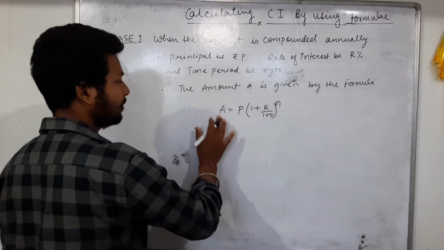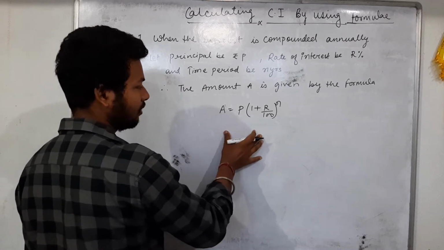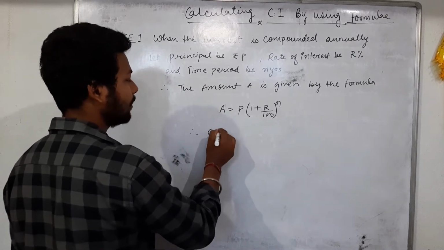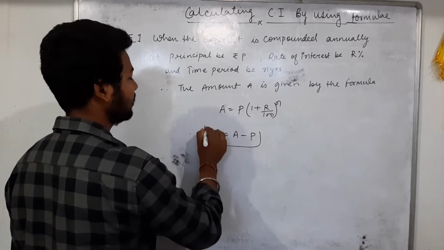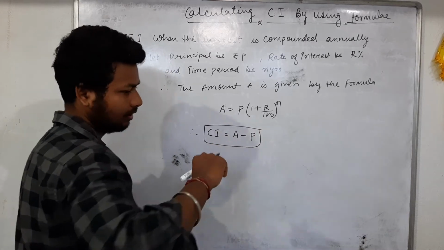From here you can calculate the amount. After that, compound interest is equal to amount minus principal. You will get the required solution.